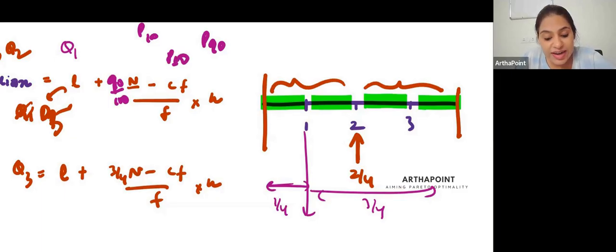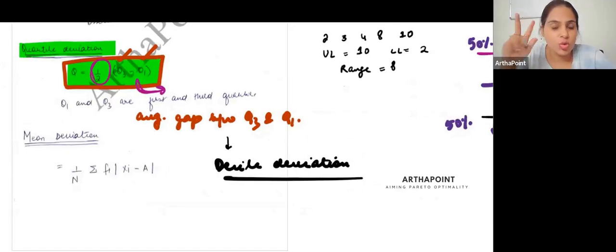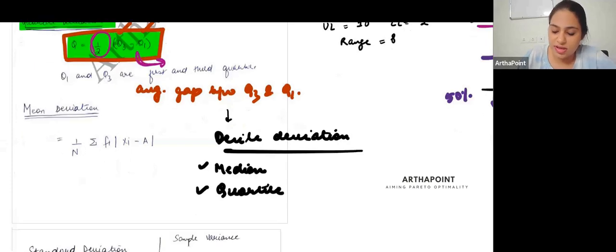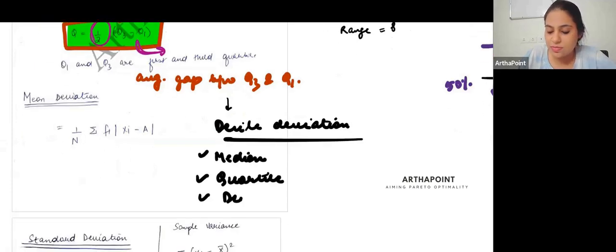So you can divide your data set in just 2 parts using median, 4 parts using quartile, 10 parts using decile, 100 parts using percentile. Just write down here: you can have median, quartile, decile, percentile.